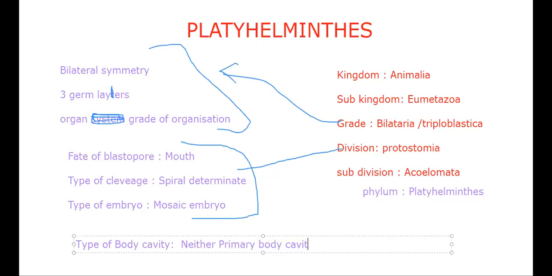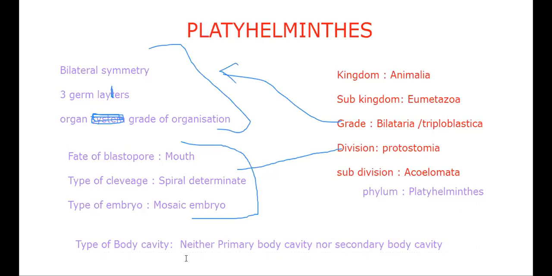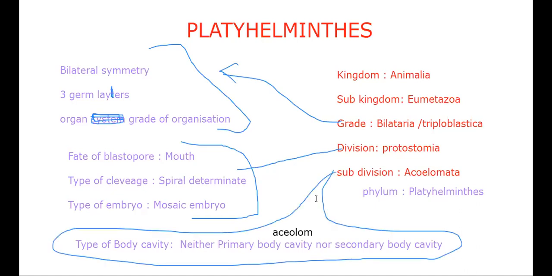So they exhibit a characteristic feature called acoelom, and body cavity is absent. How do we come to know that before we start the phylum? Because they belong to the subdivision Acoelometa.